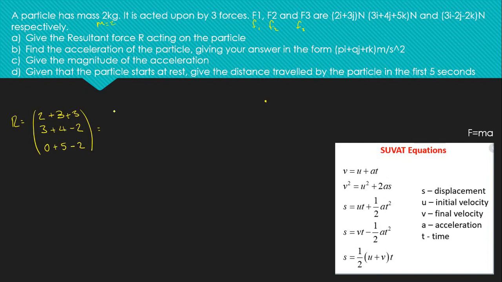So R, the resultant force acting on the particle, is going to be 2 plus 3 plus 3, which is 8, 3 plus 4, which is 7, take away 2, which is 5, and 5 take away 2, which is 3.